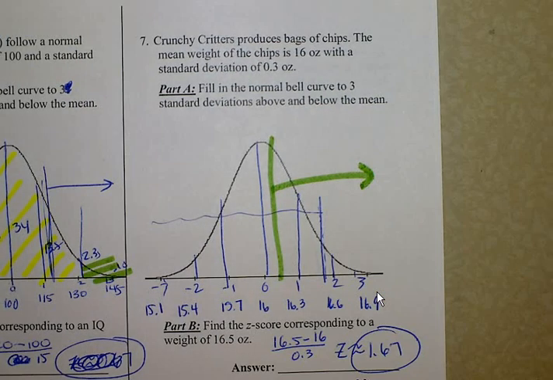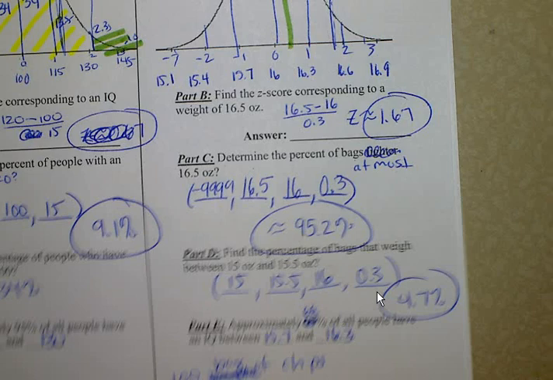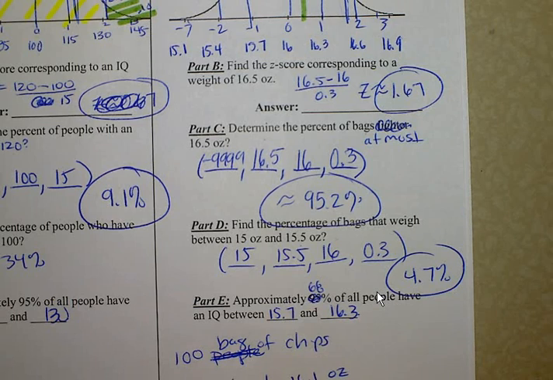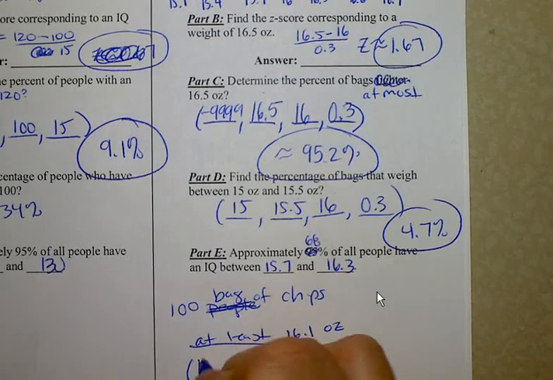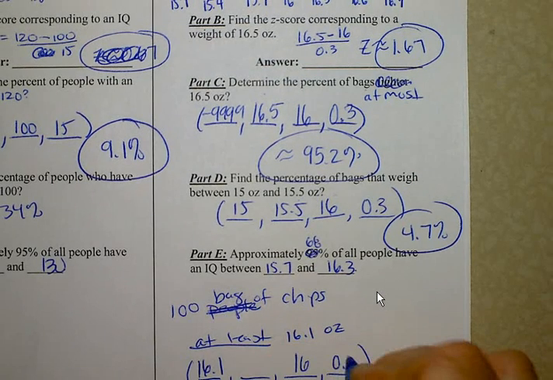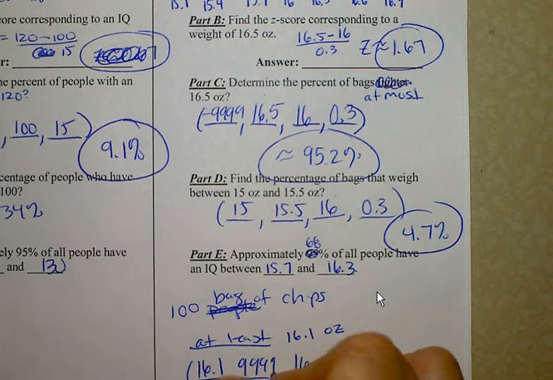Since 16.1 does not lie on one of the columns, I'm going to first rely on normal CDF to come up with the percentage. 16.1 is the smallest of the numbers, and the largest of the numbers is 999. Okay, let's figure out the percentage first.